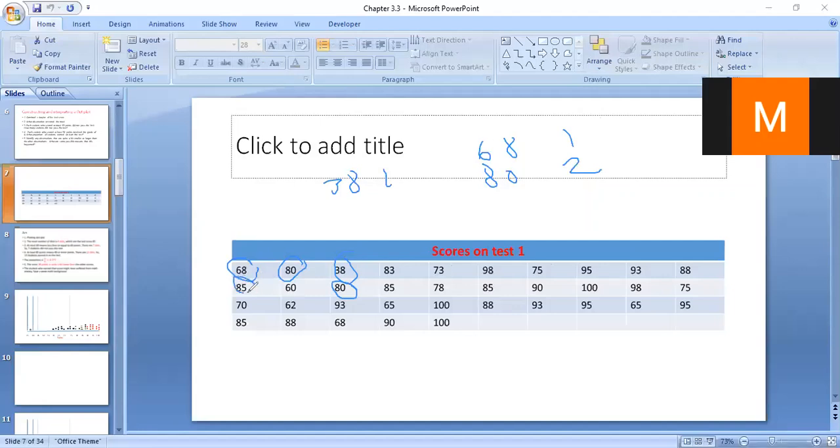And 85, we have 1, 2, 3, 4, so 85 is 4. And 70, we have 1.